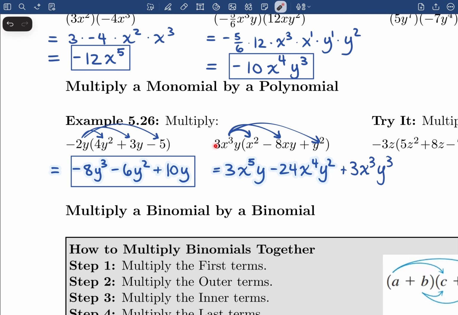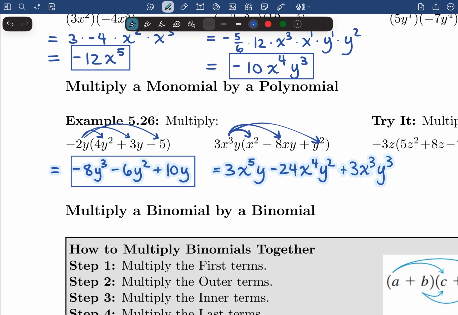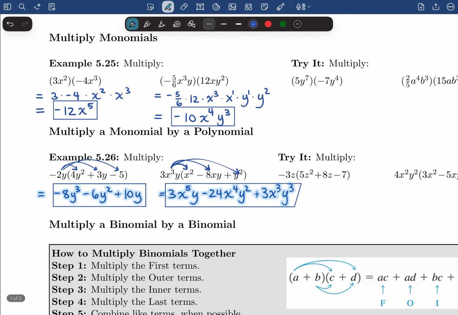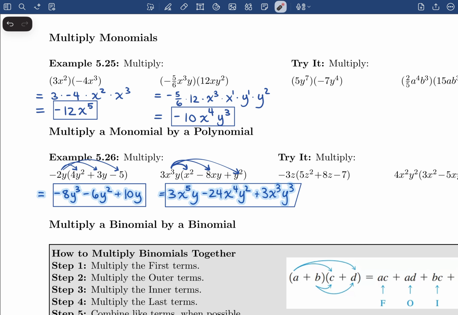So I had the 3 and the x cubed that I was multiplying in, but also this y, and y squared became y cubed. So there we go. We have now multiplied this monomial by the trinomial in question, and that was the result. Great, so we can multiply a monomial by a monomial, or a monomial by a binomial, or a monomial by a trinomial, and this is how you do it.